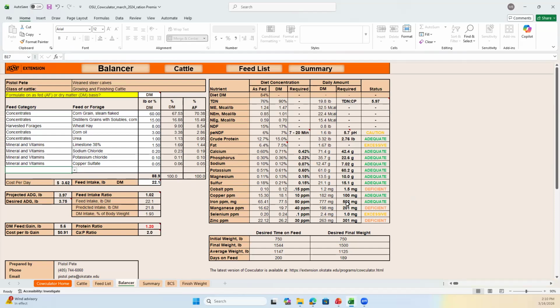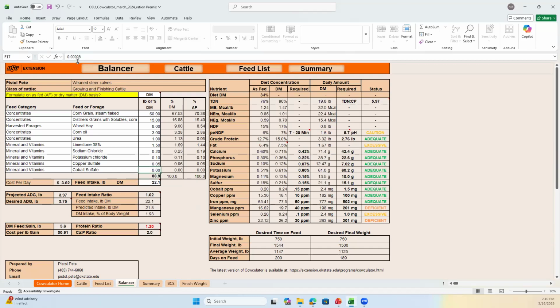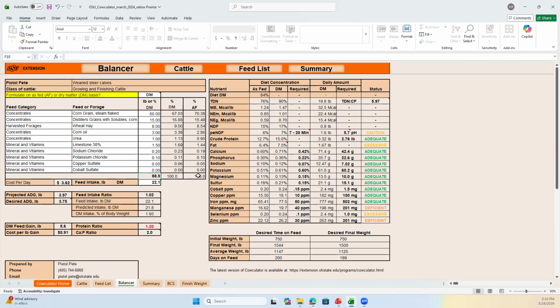Cobalt. Cobalt can be very, very small. Okay, so 0.1, 2, 3, 4 zeros and 5 got us there.